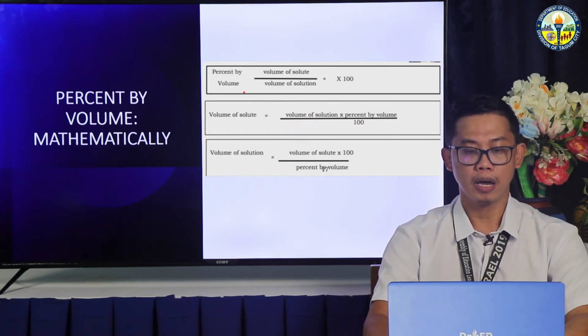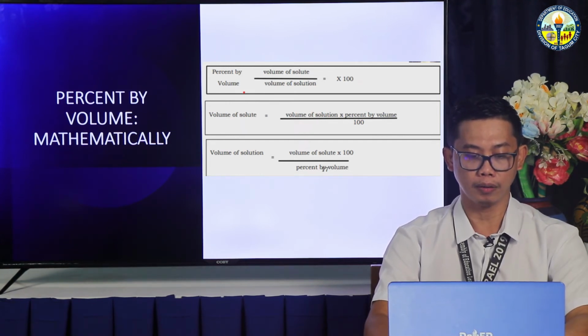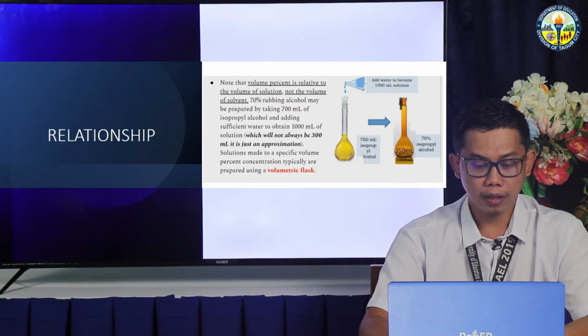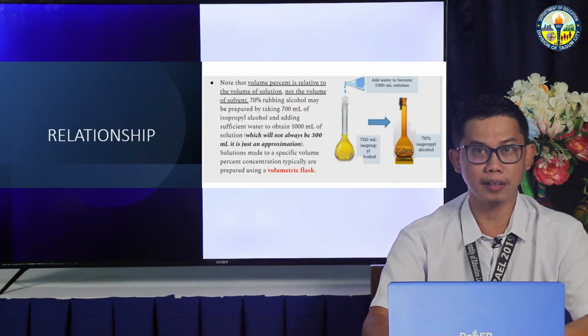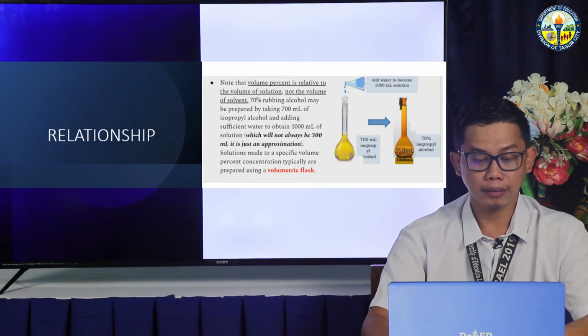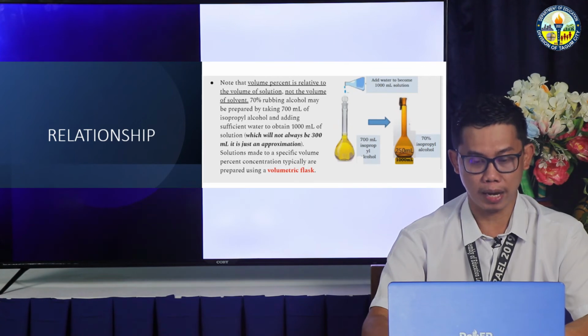Third, if the volume of solution is needed, the derived formula to be used is: the volume of solution is equal to the volume of solute multiplied by 100 divided by the percent by volume. Please take note that the volume percent is relative to the volume of solution, not the volume of solvent.